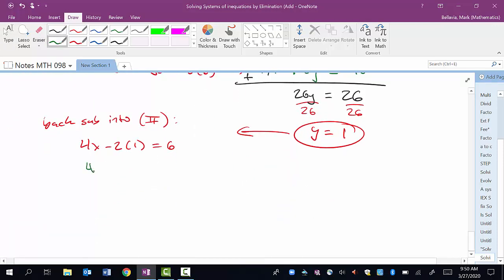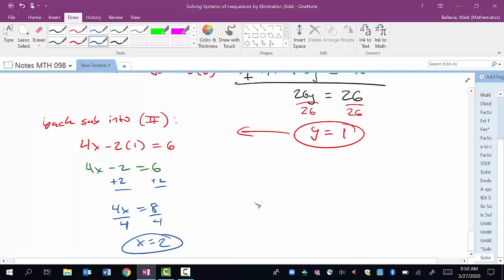And this becomes 4x, -2 times 1 is just -2, equals 6. We'll add 2 to each side to isolate the x term. We get 4x equals 8, and then divide by 4. You get x equals 2. So the solution as an ordered pair x comma y is that they intersect at 2 comma 1.